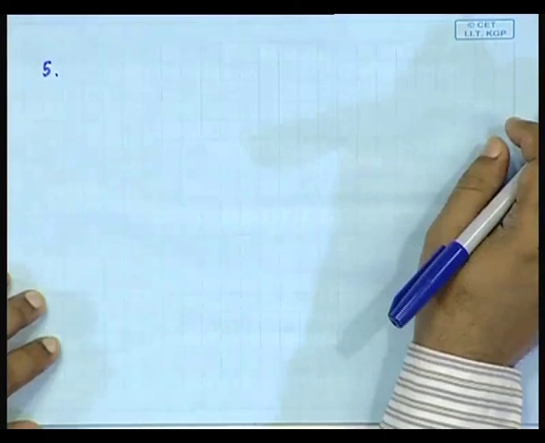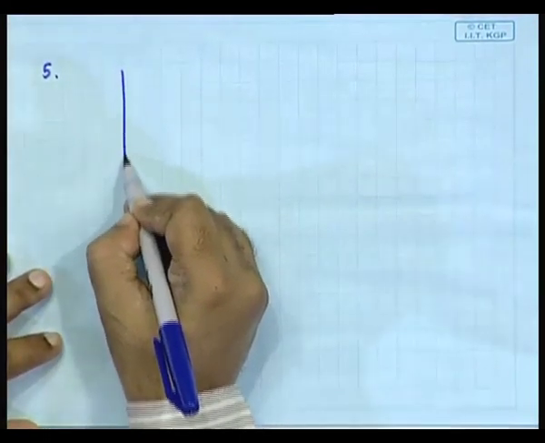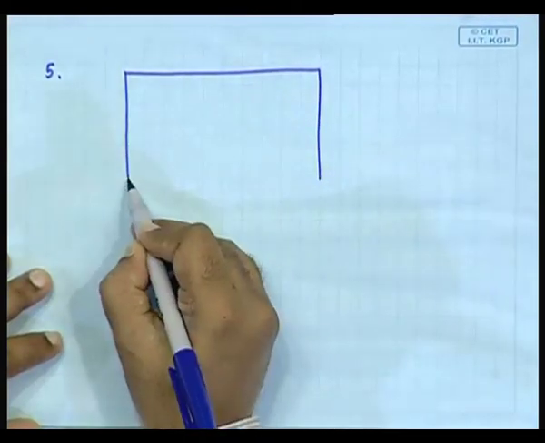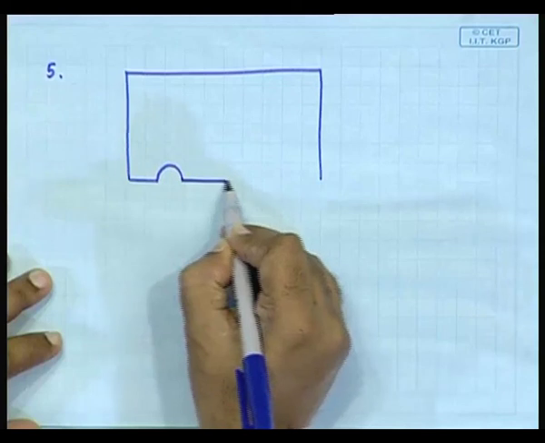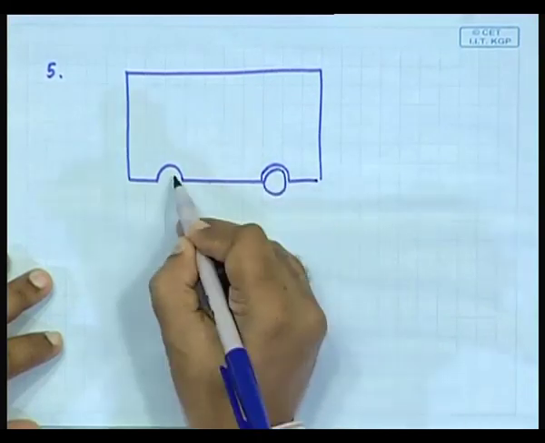Five. It is a disastrous problem, because you will have to calculate what happens in an accident.